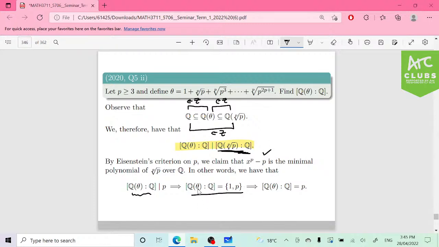So it can't be that Q adjoin theta is precisely Q. And so what we conclude is that the degree of this extension is precisely p. So as it turns out, this is actually equal to Q adjoin the pth root of p over Q. Cool.